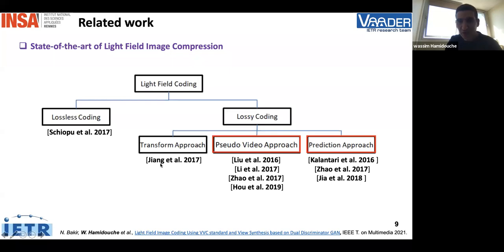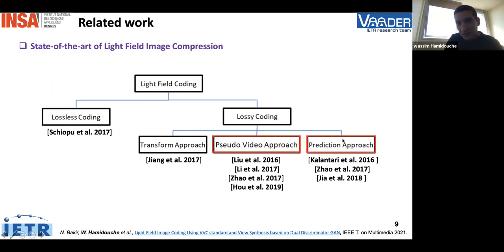In lossy coding, there are several approaches. The first one is to apply a transform to compact the energy of the light field image and reduce the spatial and angular redundancies. The second category, which is also investigated a lot, is to represent the light field views in a pseudo video sequence and then use 2D video encoders to encode them.